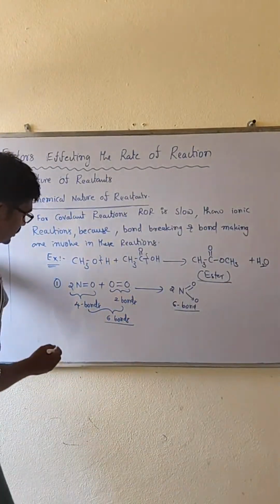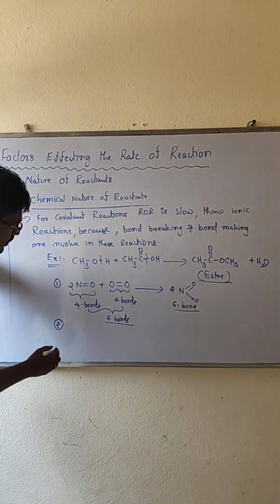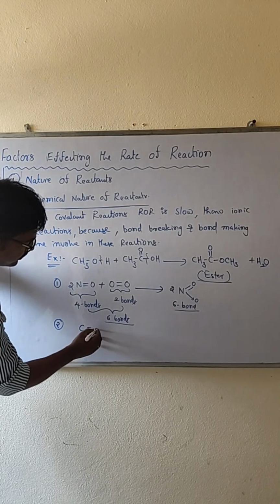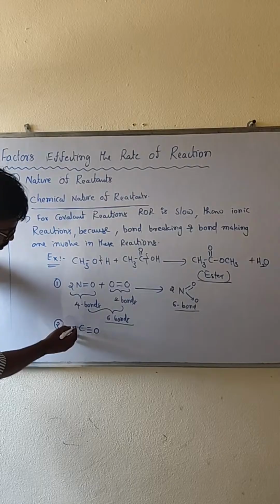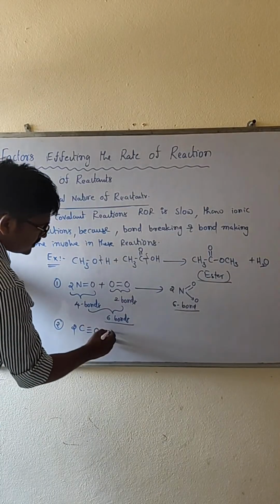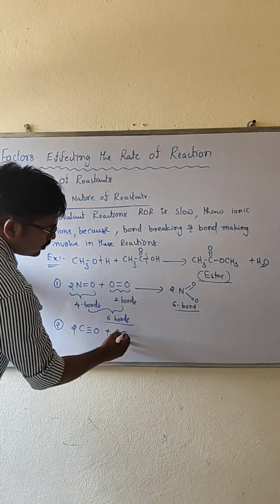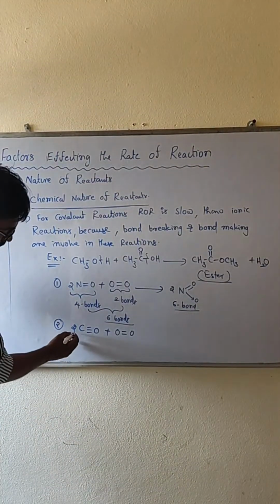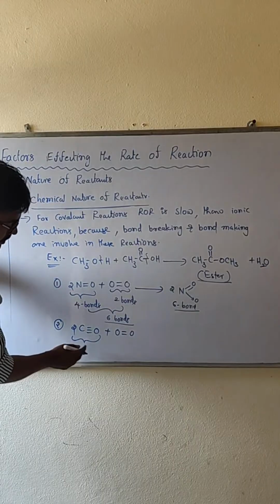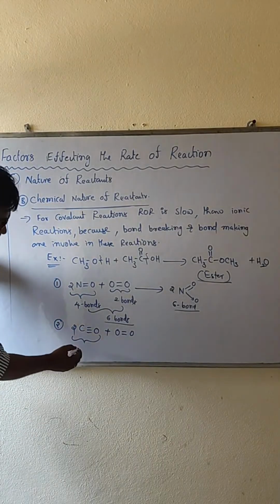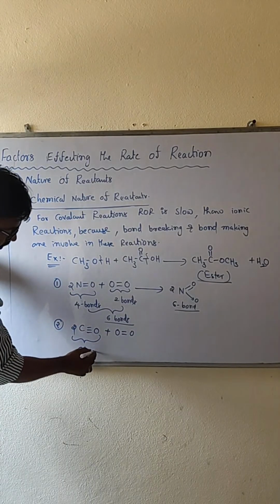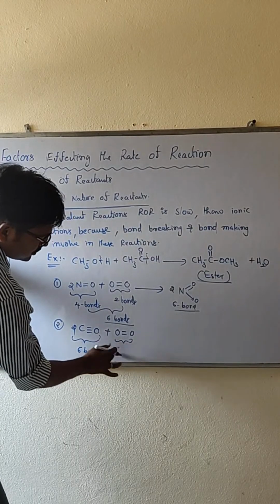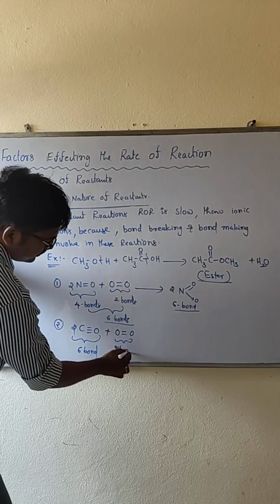Now one more reaction, the second reaction: 2 moles of CO, C triple bond O, plus O2, O double bond O. See how many bonds are there. Each CO molecule has 3 bonds, so 3 twos are 6 bonds. Then in O2, 2 bonds are present.